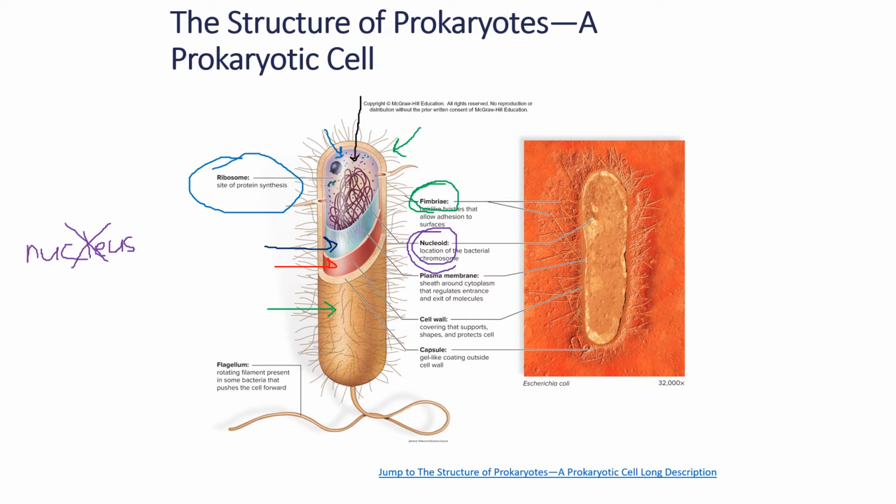All right, besides that, we can have structures for movement, like the flagellum. The flagellum is this long tail, and that's for movement, moving the bacteria, but not all bacteria have flagella.